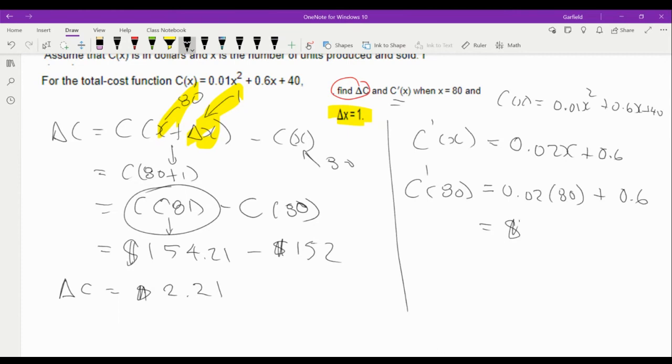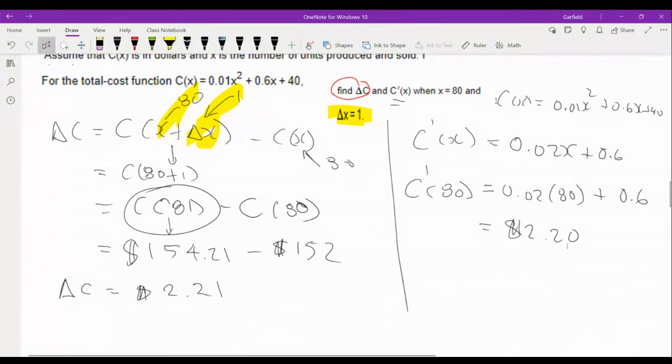So $2.20. And for these dollar amounts, always put 2 decimal places, okay? So what can we say now?